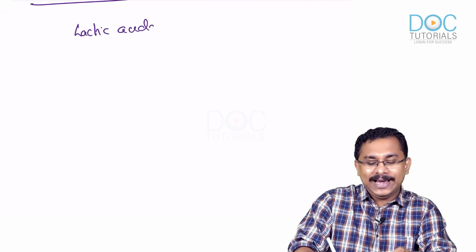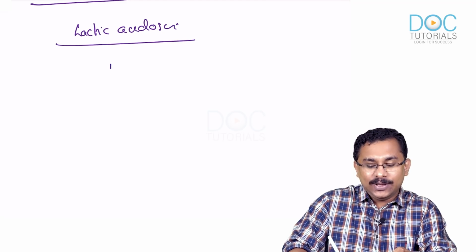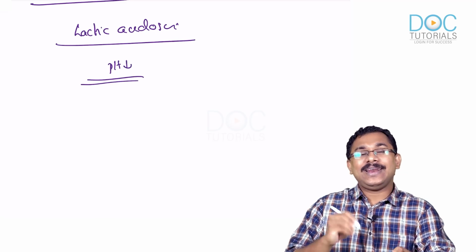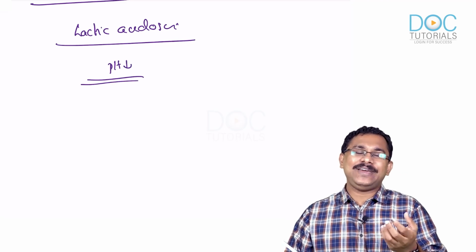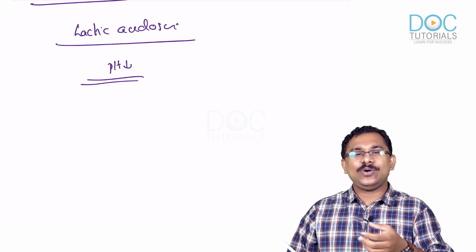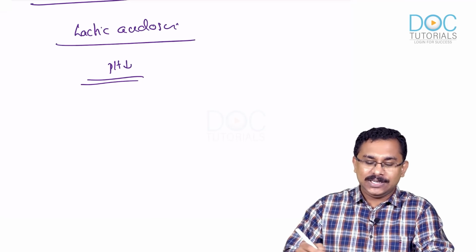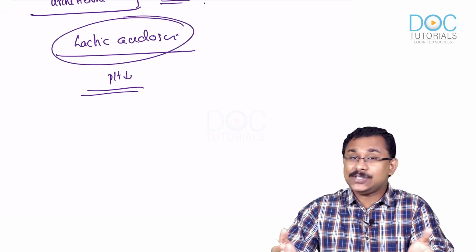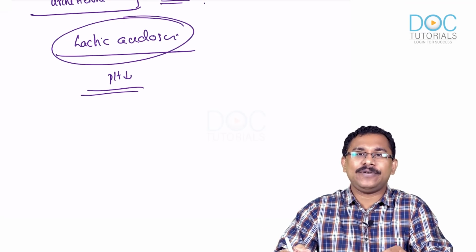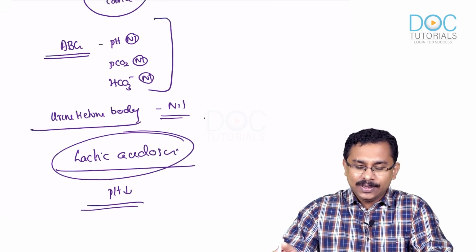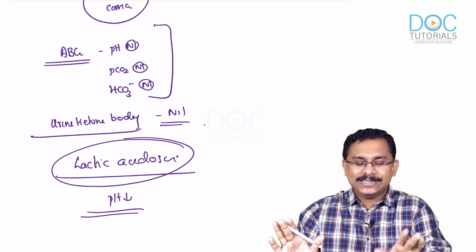In such a scenario, the pH may be low. But here again, you would not have any other findings, like urine ketone body positivity. So remember, a lactic acidosis can develop as a complication of your HHS also. But otherwise, your ABG is normal.